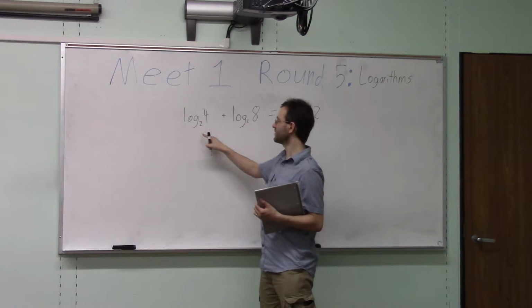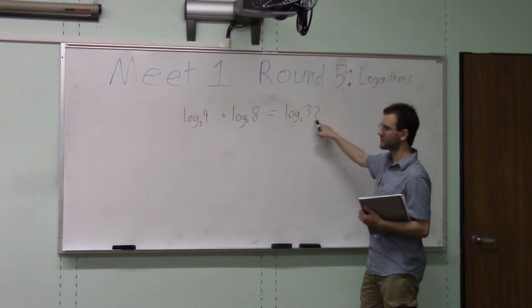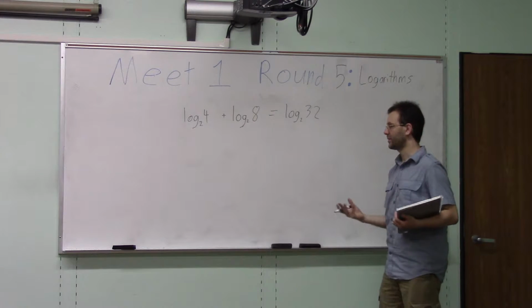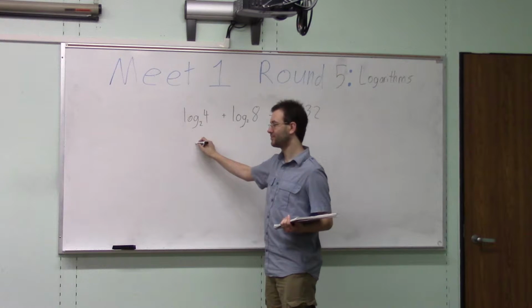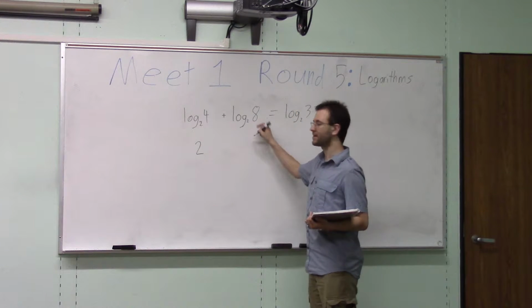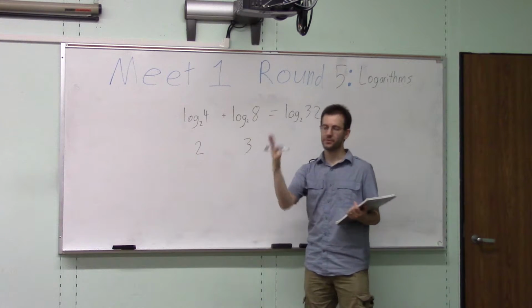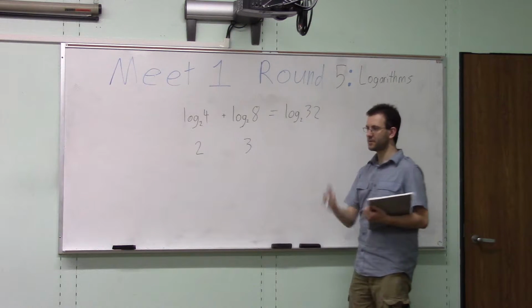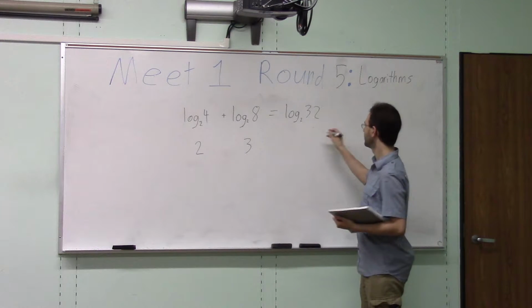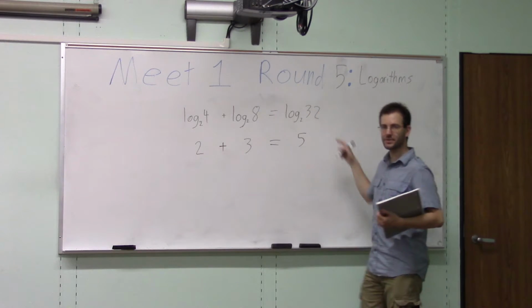The number of 2's in 4 plus the number of 2's in 8 is equal to the number of 2's in 32. How do I know that? Well, how many 2's are there in 4? 2. How many 2's are there in 8? 3. Remember, we need to think multiplicatively. 2 times 2 times 2 makes 8, so there are 3 2's in 8. And how many 2's are there in 32? 2 times 2 times 2 times 2 times 2. So this statement is true.